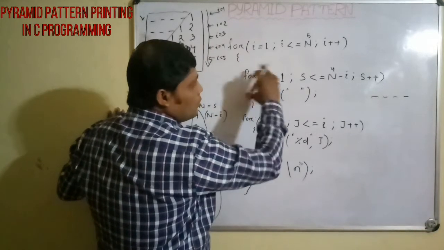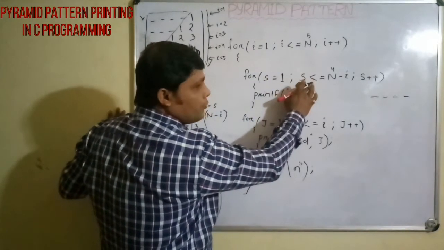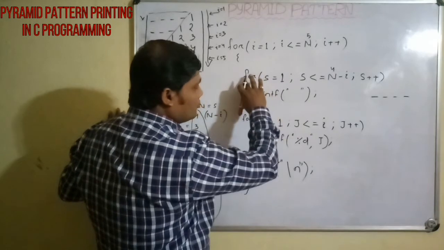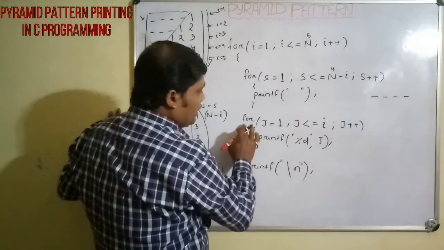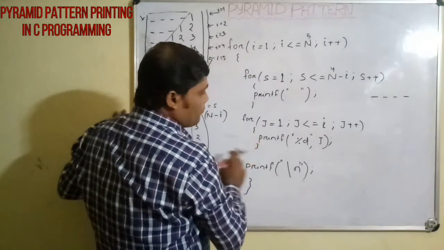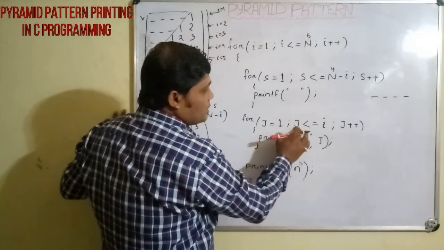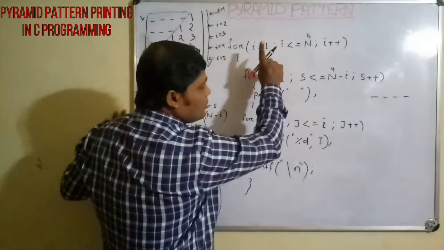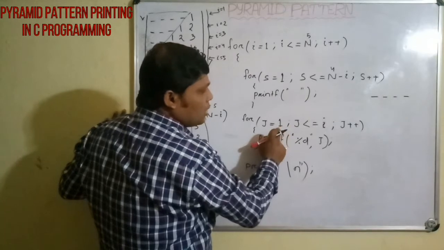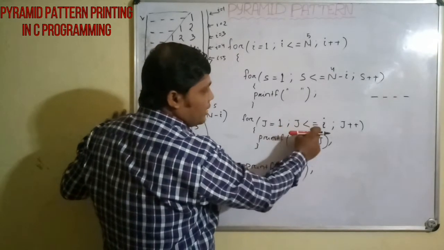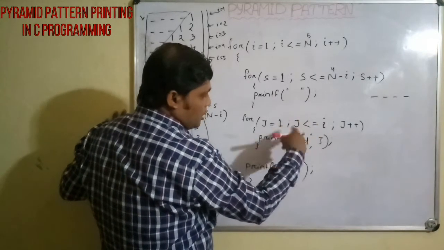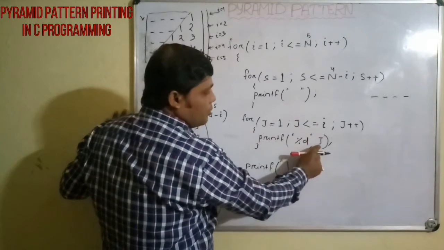After this loop, when s value will be 5, it will go out of this space loop. Then it will come to this loop, j equal to 1, j less than equal to i, whose value is 1. So it will start from 1 and end with 1. It will continue for 1 time and it will print what?